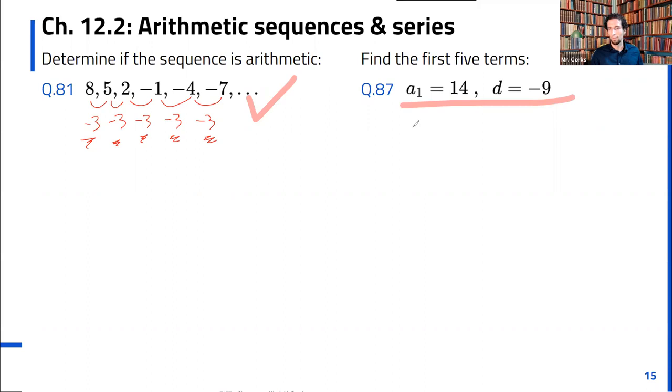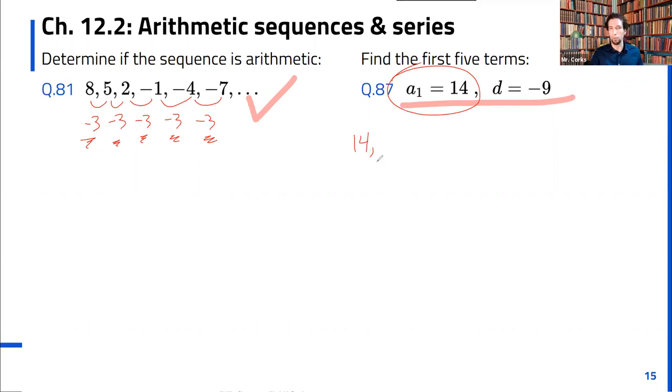For the very first term, we don't apply d. It tells us right here, first term a1 is 14. Then after that, we start applying d.